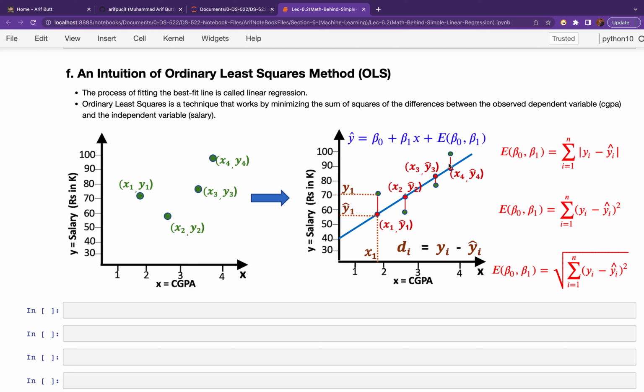So the equation for this blue predicted line is shown over here, and that is y hat is equal to beta naught plus beta 1 x plus some error which is a function of beta naught and beta 1. And remember, over here I have y hat. Y hat stands for the predicted value of y.